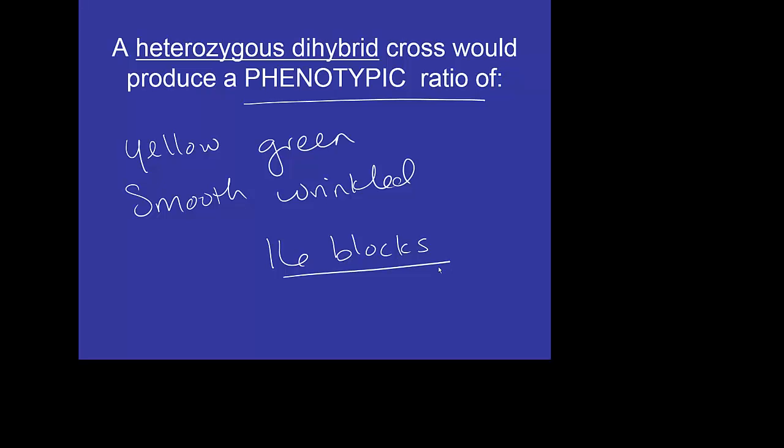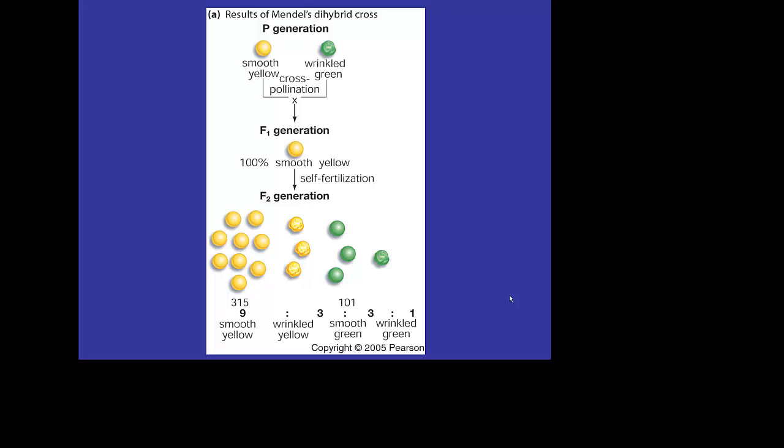So keep in mind, that means that you need to have 16 individuals that you consider in your ratio. What did we say that ratio was going to be? Right here. 9, 3, 3, 1 every time. Because he started out with an individual in the P generation, we'll say P mom, was dominant for both traits.